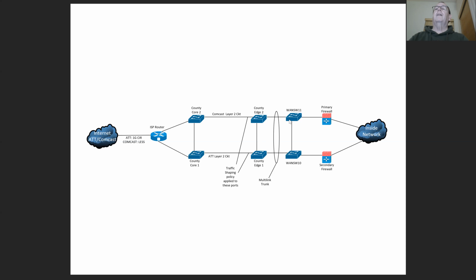I have my InterMapper network monitoring system, not SolarWinds. I'm looking at the utilization on this port and this port and this port and this port. I'm seeing a lot of utilization on these two ports and practically none on these two ports.